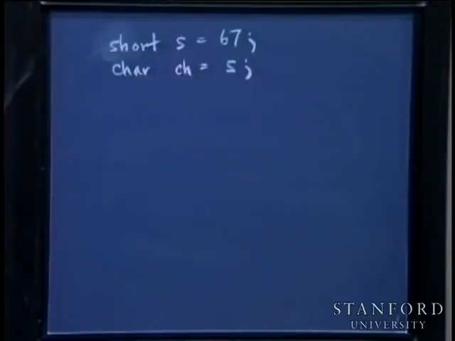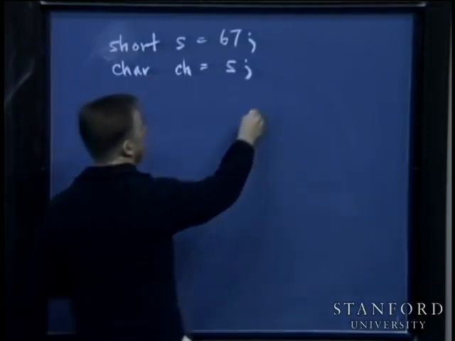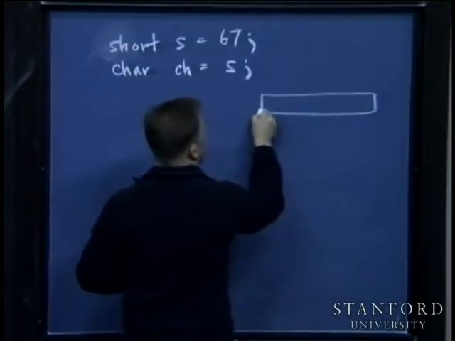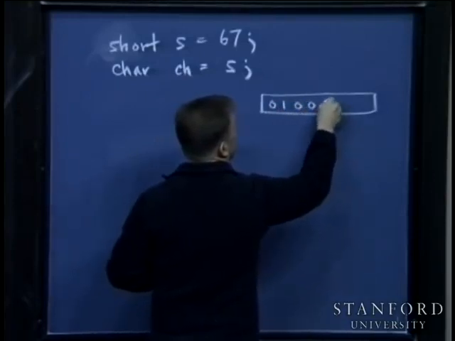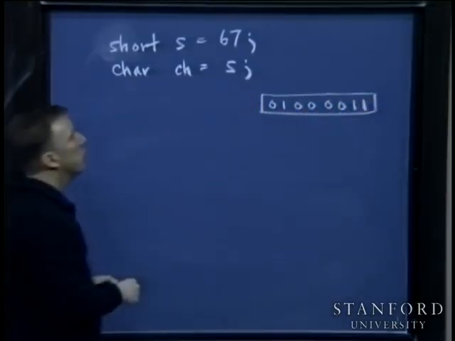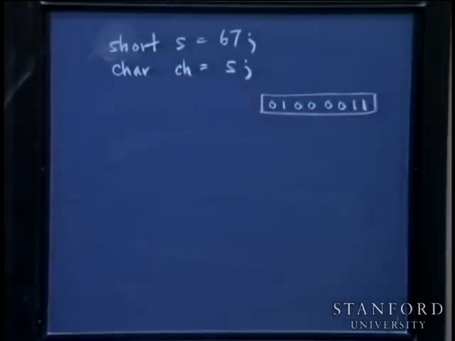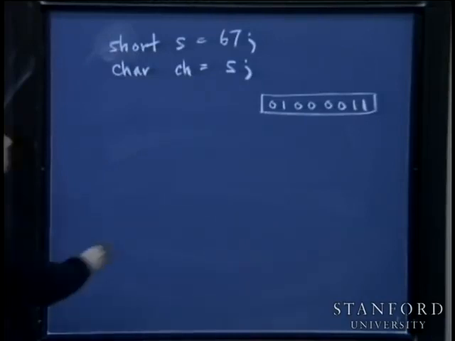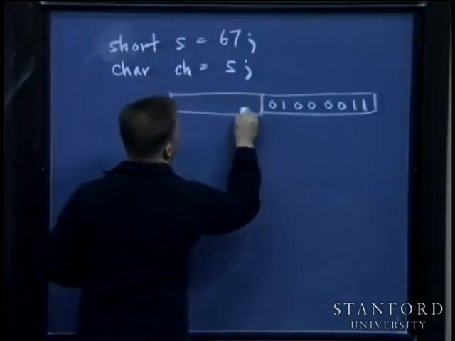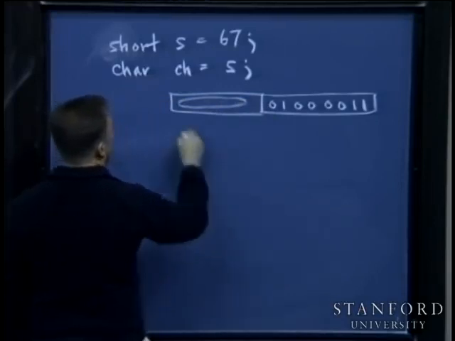It compiles, there's no casts needed. As far as how the 67 is laid down, it's 0, 1, 0, 0, 0, 0, 1, 1. It's 2 more than 65, obviously. It has an extra byte of all zeros, and this is s.